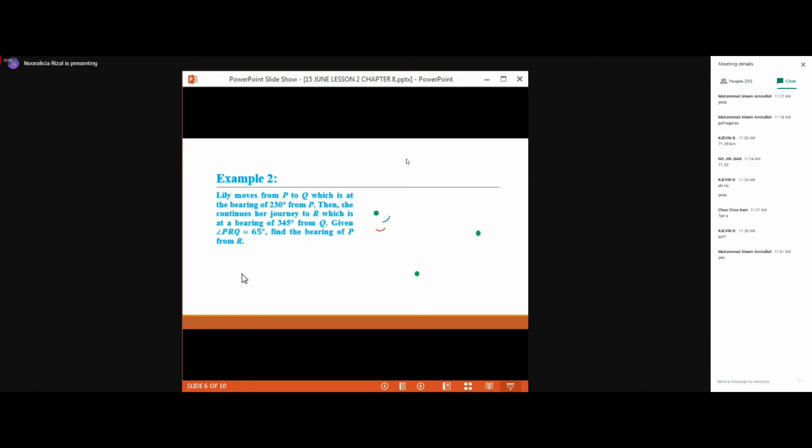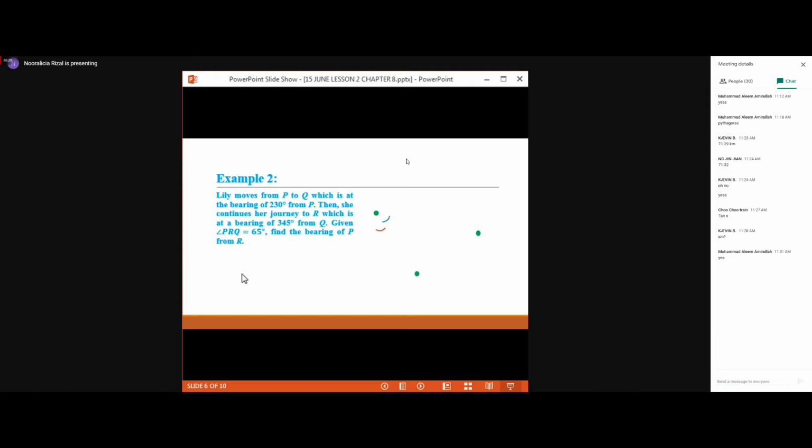Sketch now, yeah? You are supposed to start to sketch your diagram right now.